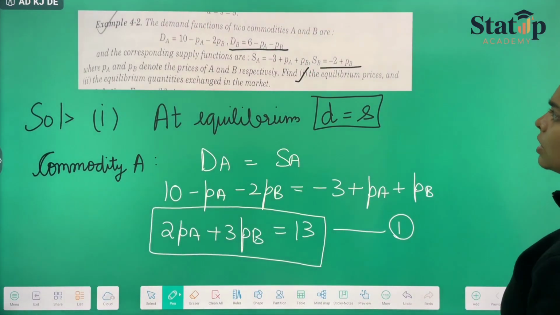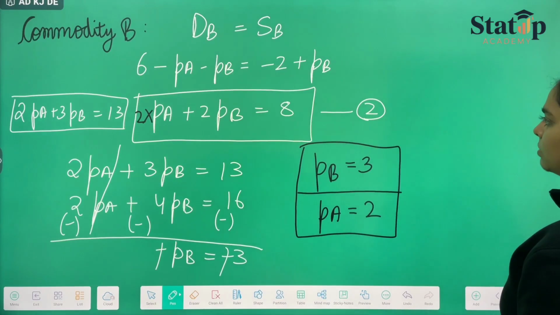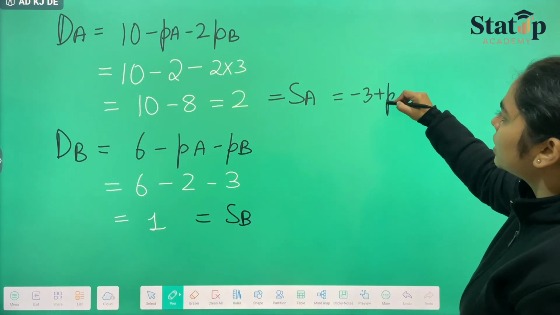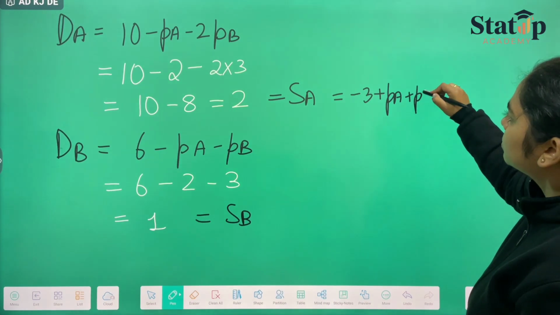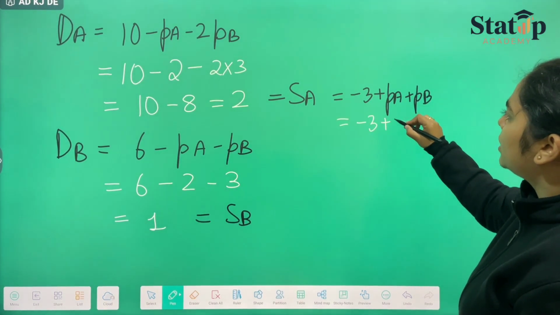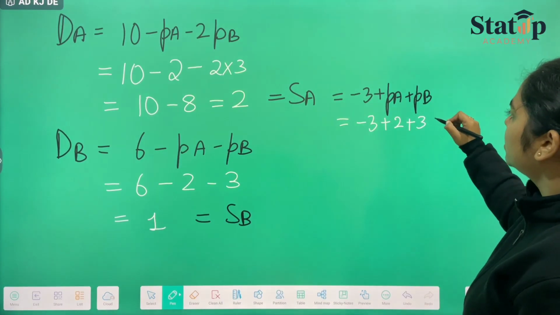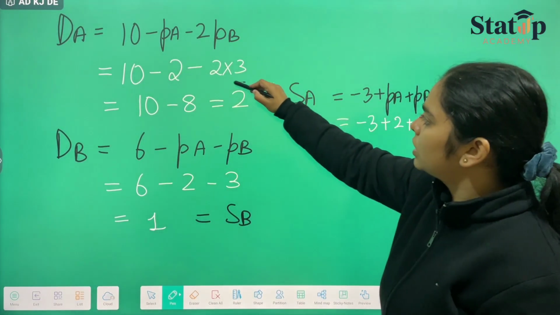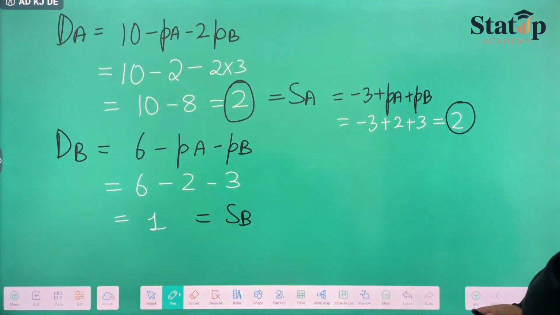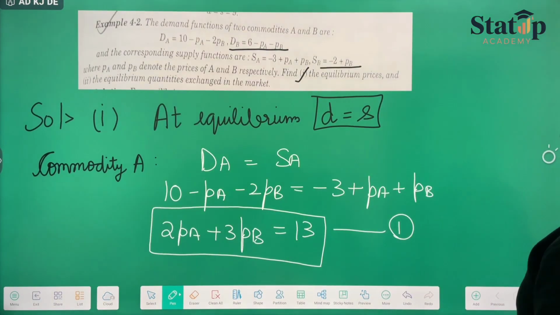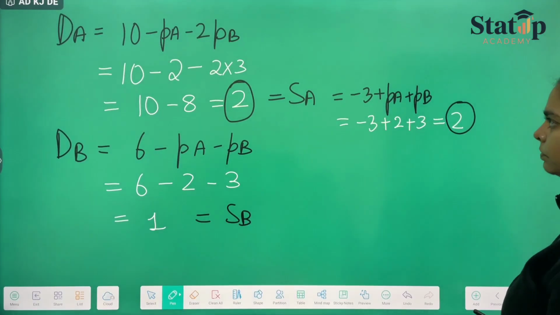Supply of A is minus 3 plus PA plus PB. We can write it as minus 3 plus 2 plus 3, which gives us 2, which is equal to this quantity. Hence proved. And SB, supply of B, is nothing but minus 2 plus PB.